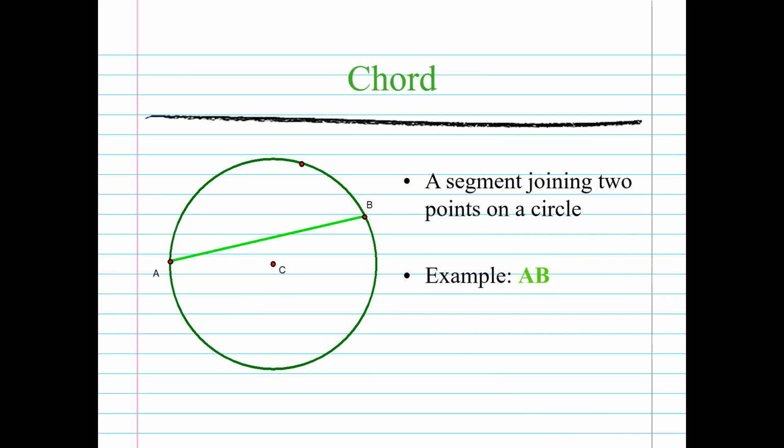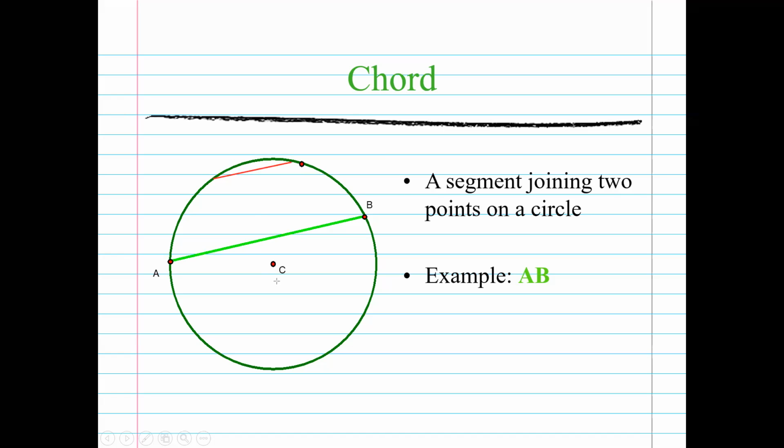If a line segment joins 2 points on a circle, 2 points at the circumference of the circle, but does not pass through the center, that line is known as a chord. Unlike the diameter, the length of a chord can vary.